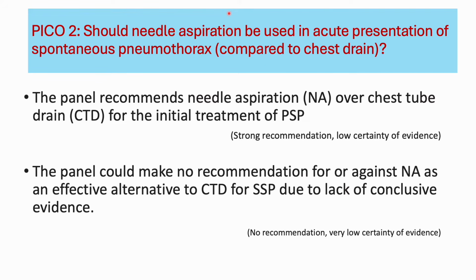And so they do give a strong recommendation based on outcomes, but they say that the certainty of evidence is not so good. In fact, they've seen studies where a chest tube between 12 and 28 French is compared to a needle aspiration, which is a 16 gauge needle or an 8 French catheter.